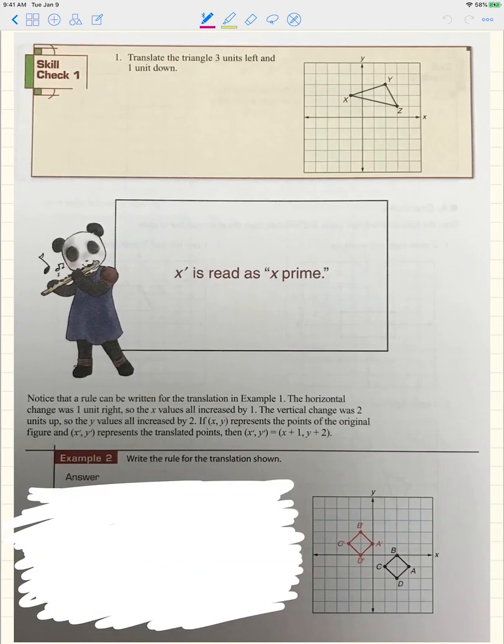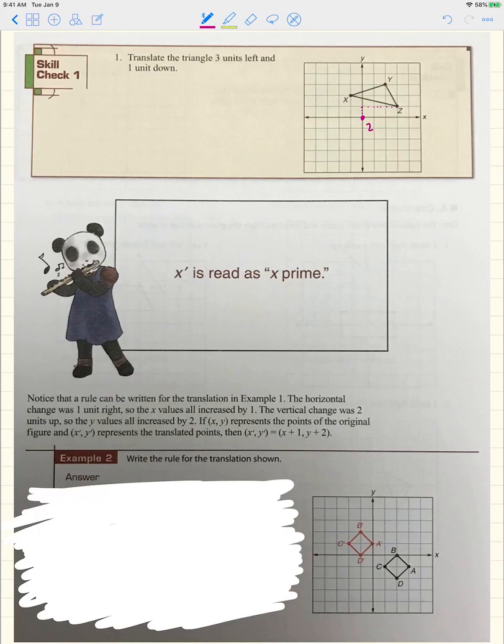Skill check number 1, translate the triangle 3 units left and 1 unit down. We're going to work through the same process with each one of the points, or the vertices, of our triangle. So let's start with Z. 3 units left, 1 unit, 2 units. 3 units takes me to the y-axis, and 1 unit down takes me down to the origin.